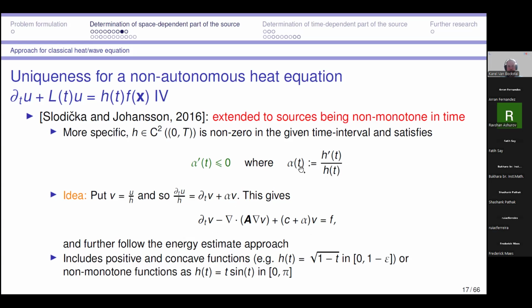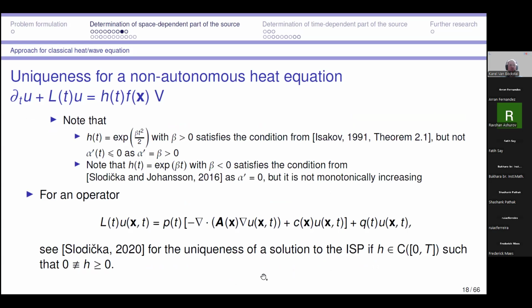This extends uniqueness results also to functions which are not monotonic, like positive concave functions, like the square root of 1 minus t, a bit away from 1, or the t sin t function. So this is an extended class of possible solutions.